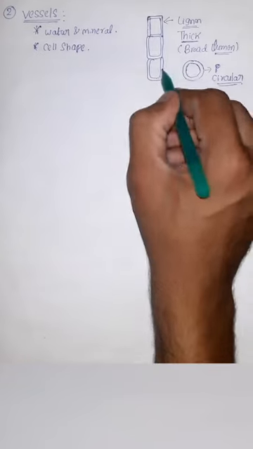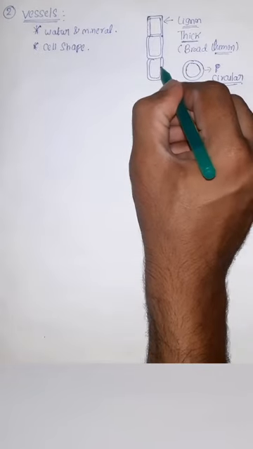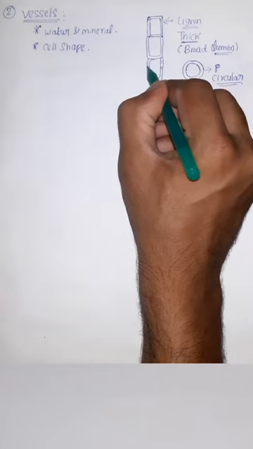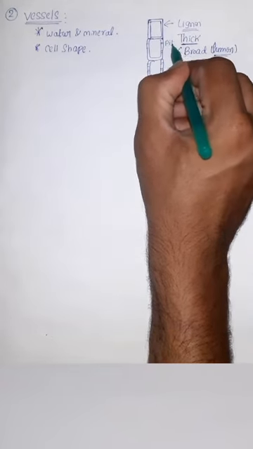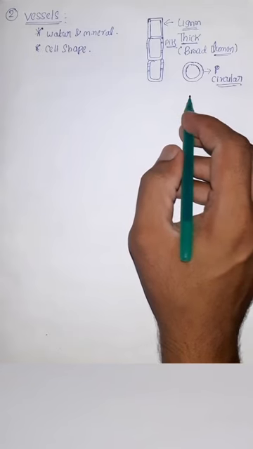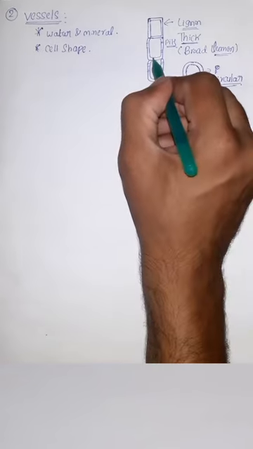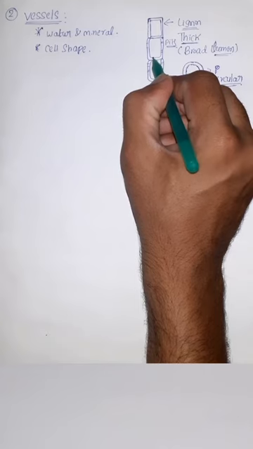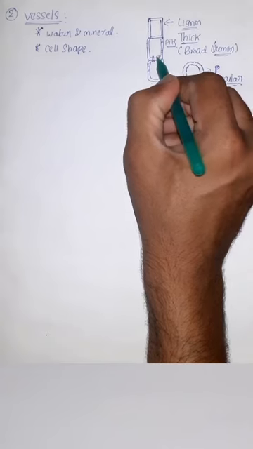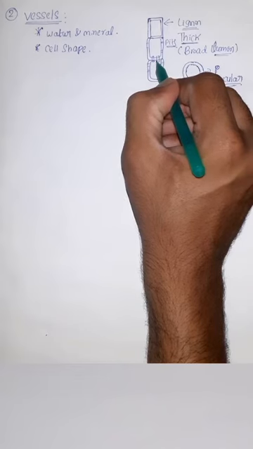Here also the wall has small pores here and there on the side walls, called pits. One more thing, we can also see pores in the horizontal walls. The pits are also present here.